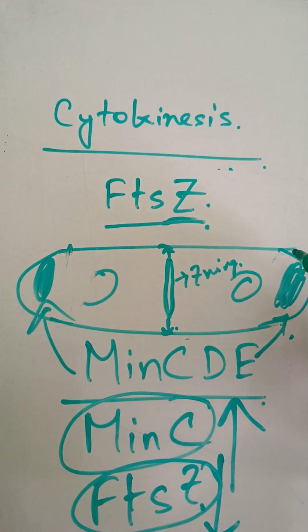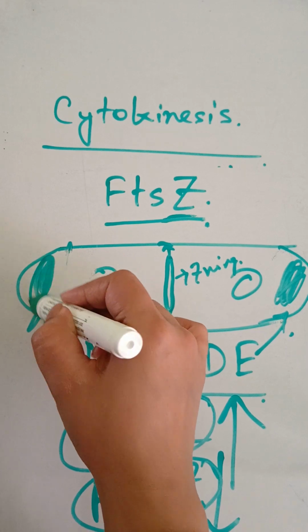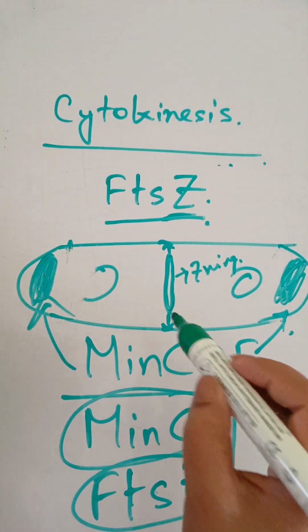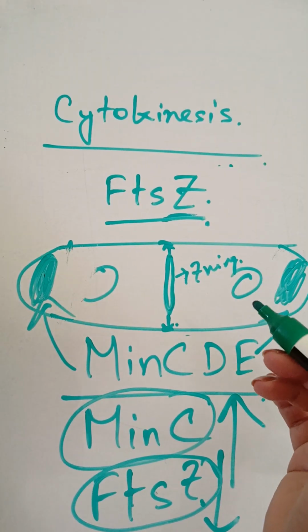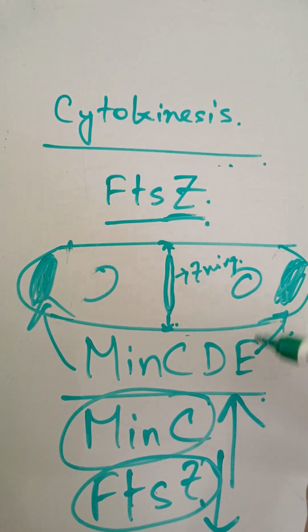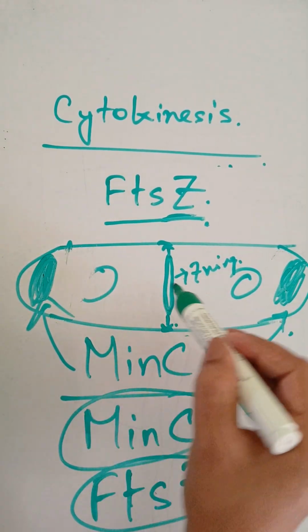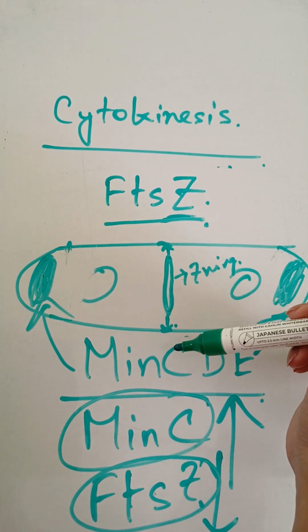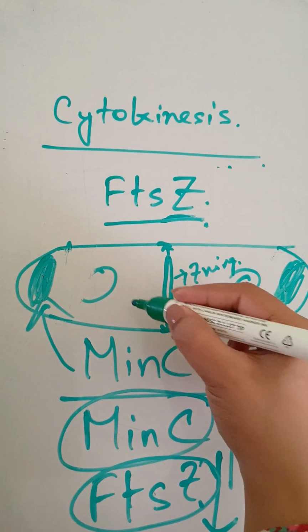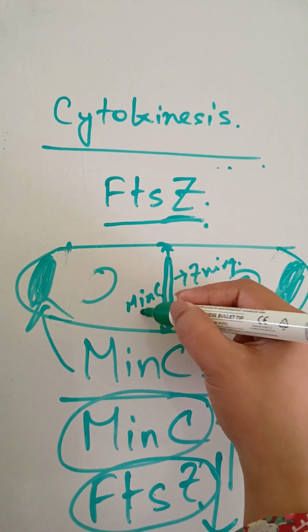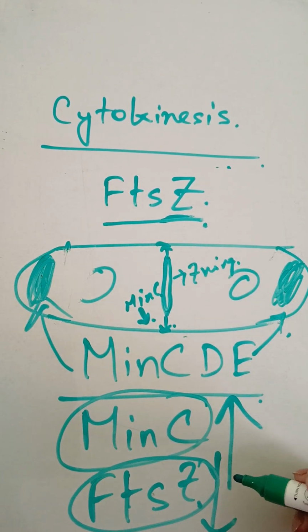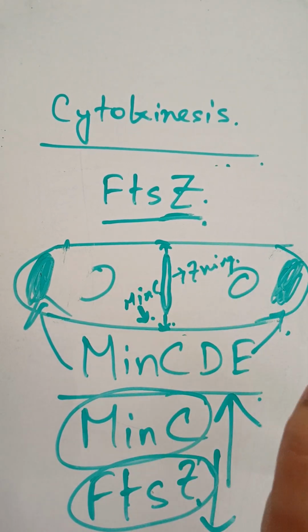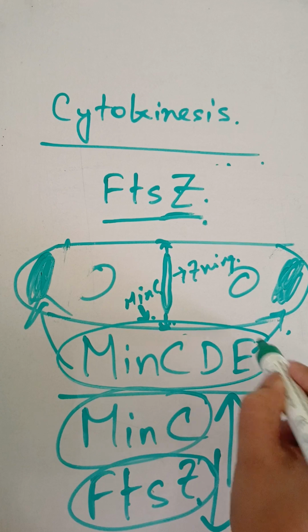So MinC concentration is high at the pole of the elongated cell, so automatically that will hinder the concentration of more FtsZ protein at the pole, and due to that, the FtsZ protein will accumulate at the center of the cell. As MinC protein concentration is very low at the center, that is why the Z ring will always be formed at the center of the cell due to this protein.